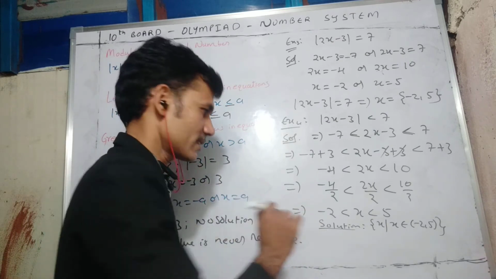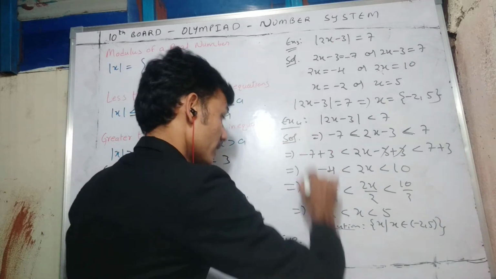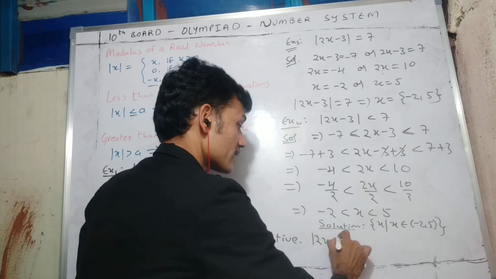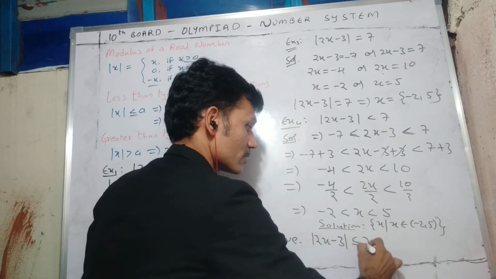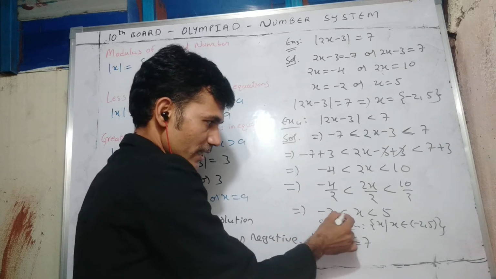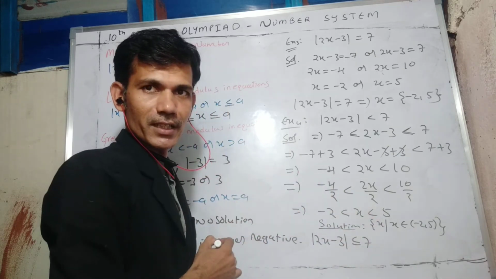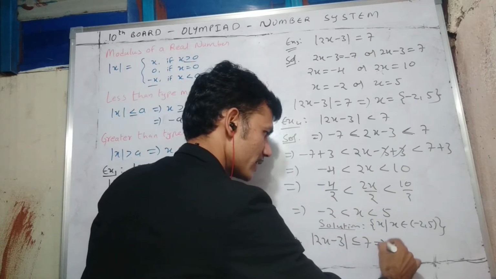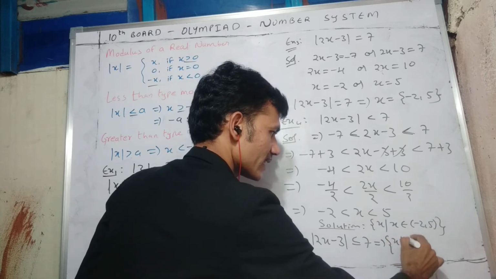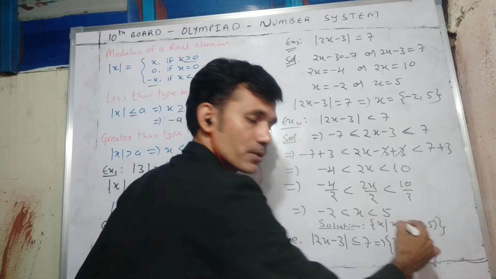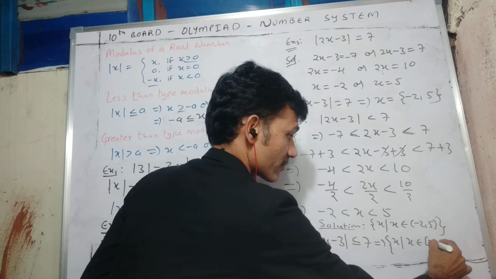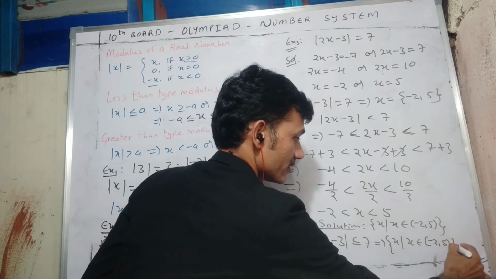Now suppose 2x minus 3 less than or equal to 7 is there, then here also we will get less than or equal to. That time, how will you write the solution? x such that x belongs to, here I have to use square brackets or big brackets.